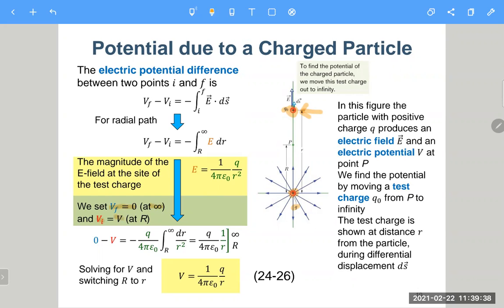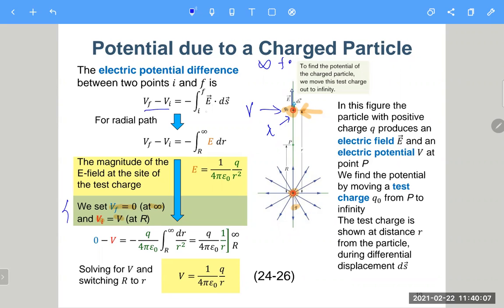Vi is what we hope to find, the V at this point. So we make this setting. This is I, F is at infinitely far away, and the E field is pointing from I to F.